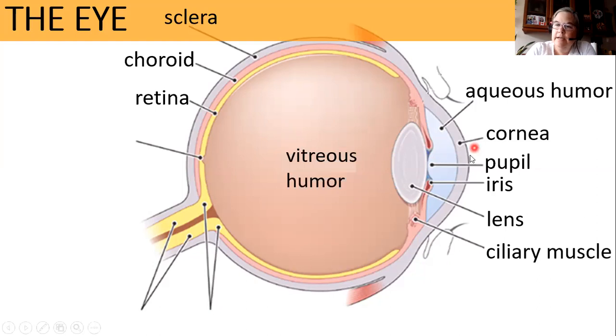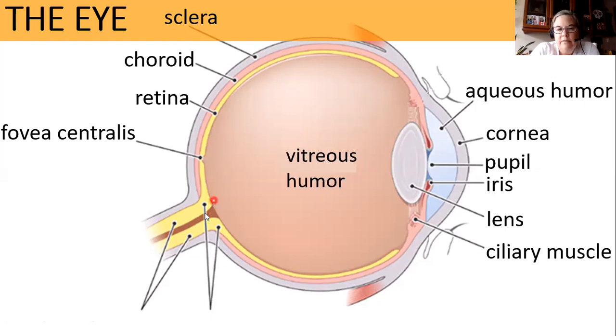So light hits the cornea, it bends, goes through the aqueous humor, it bends, goes through the lens, it bends, goes through the vitreous humor, it bends, and all of that bending is supposed to cause the light to hit right here. So our central vision, whatever your eyes are focused on, that light hits this spot right here called the fovea centralis. All right, we have a couple other spots here in our eye.